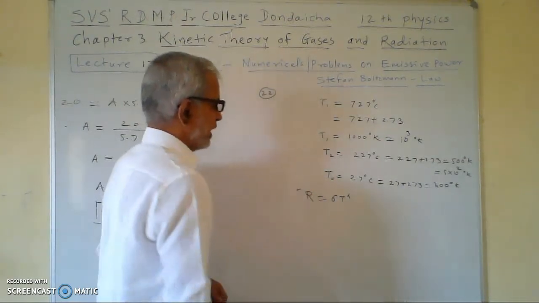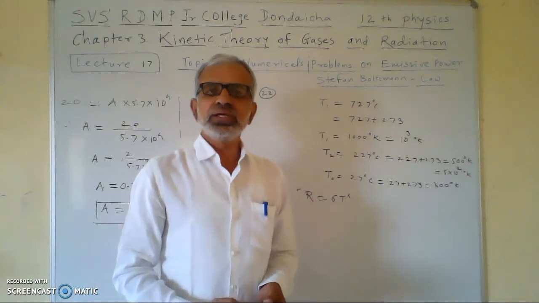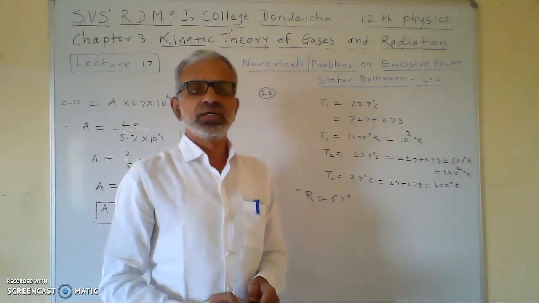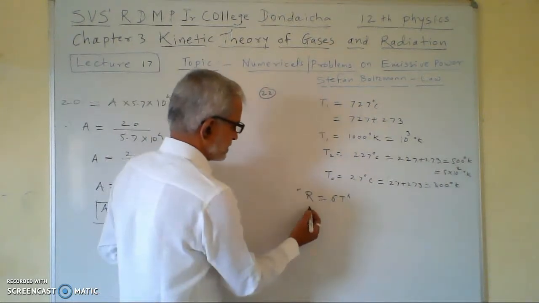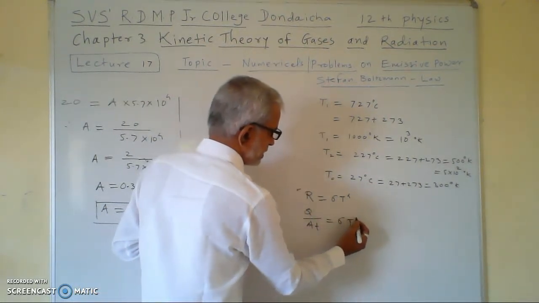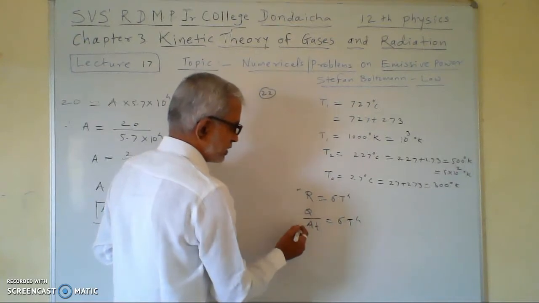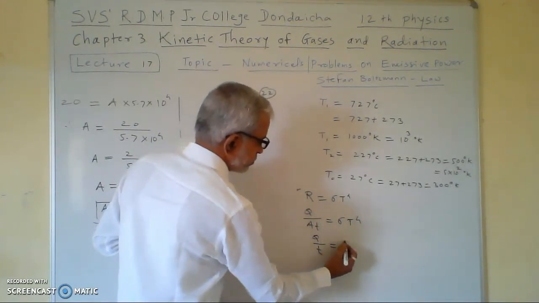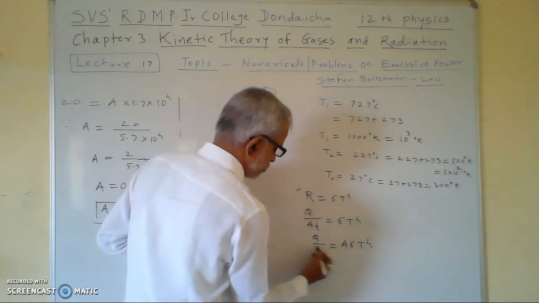Now what is this R? R is radiant energy emitted per unit time per unit surface area. Means we write this as Q upon A t equal to sigma T raised to 4, or we can also write this as Q upon t is equal to A sigma T raised to 4.